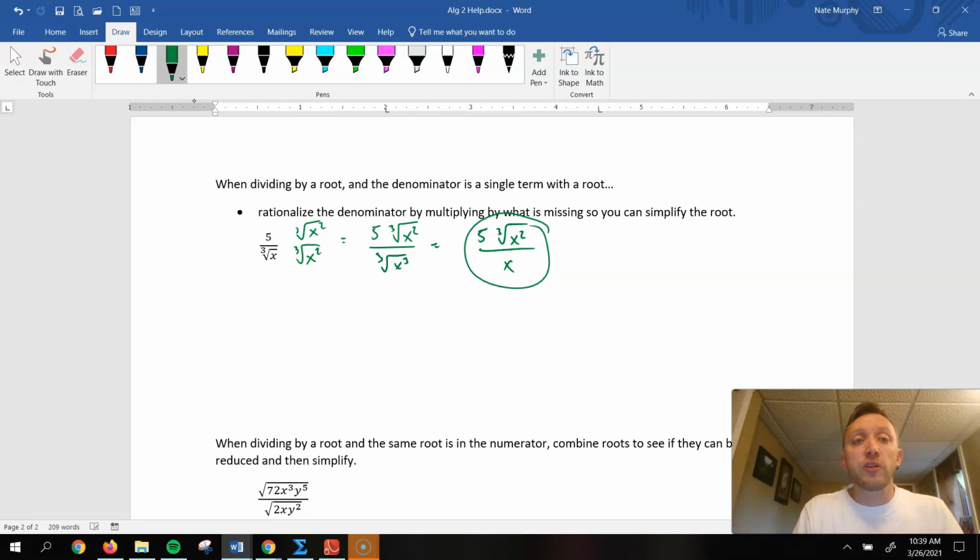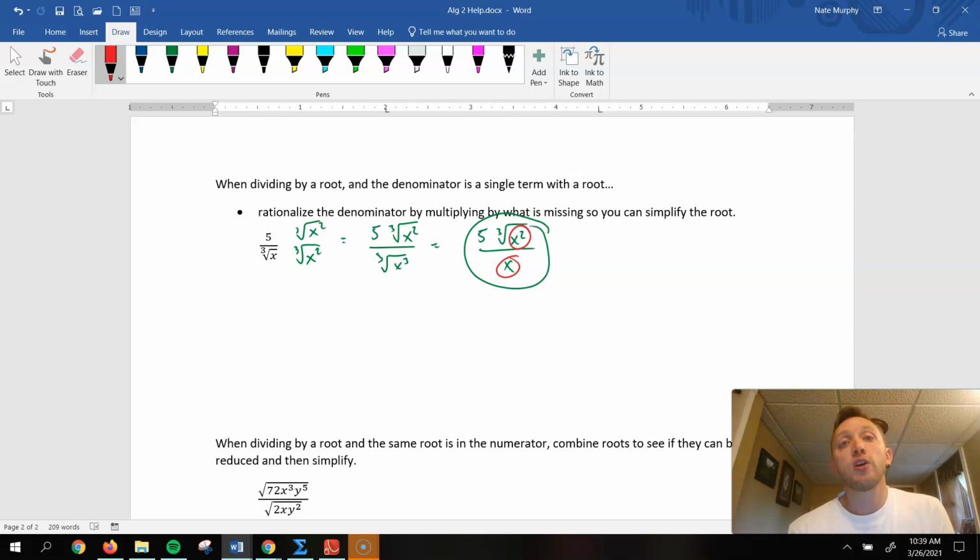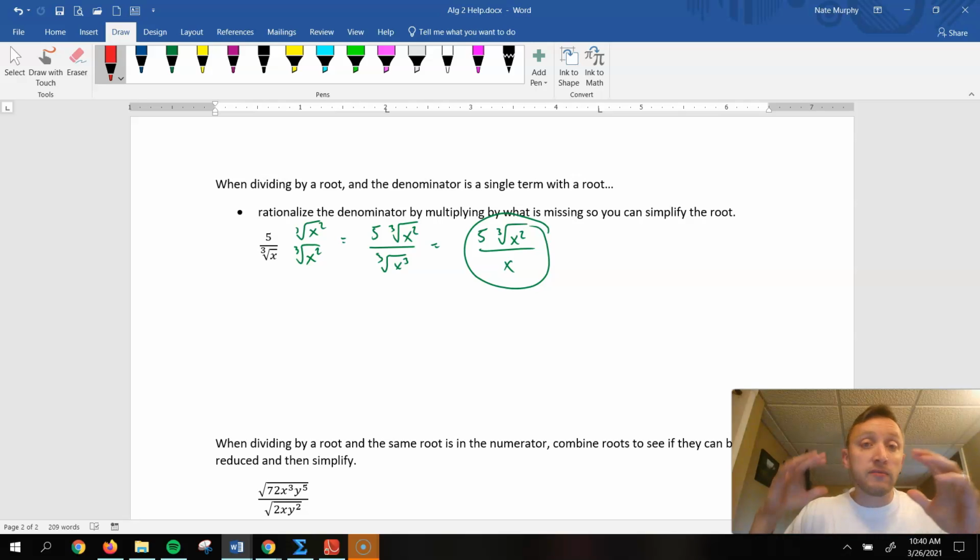A lot of students make this mistake: they see an x here and an x squared, and ask, can I cancel the x from the denominator and take an x from the numerator and just have the cubed root of x? No, you can't do that. I tell my students that a radical sign is like a box you can't penetrate.